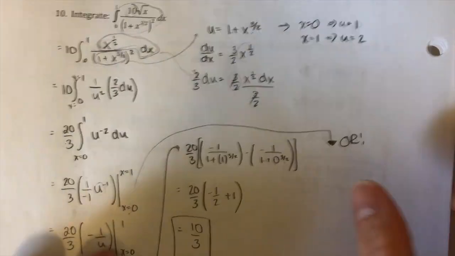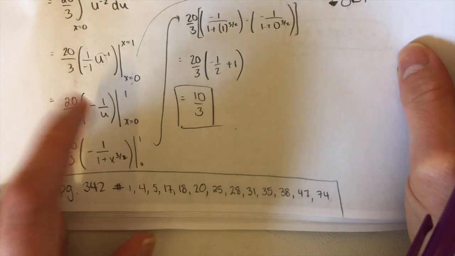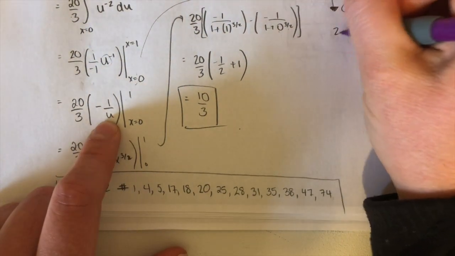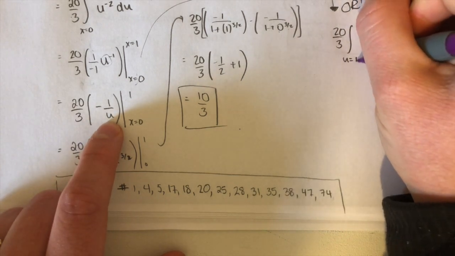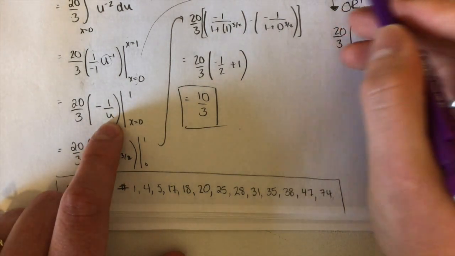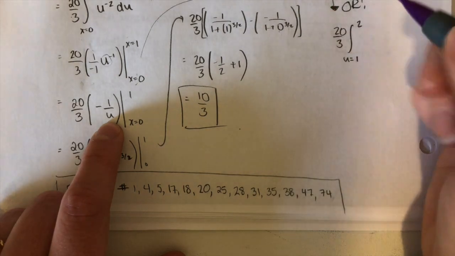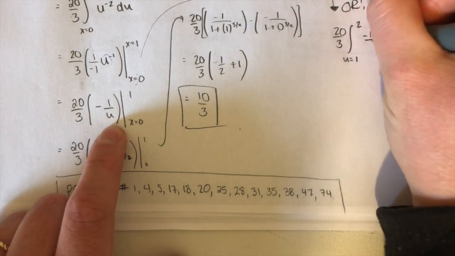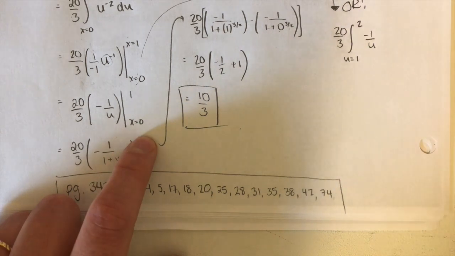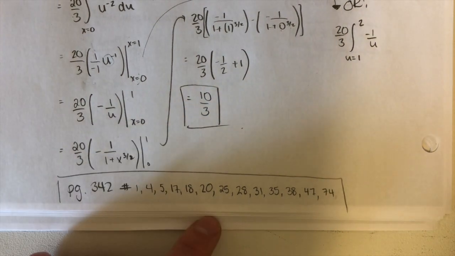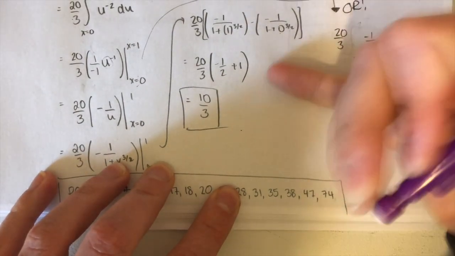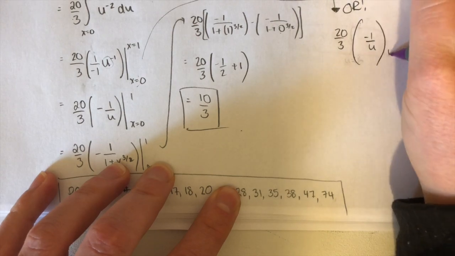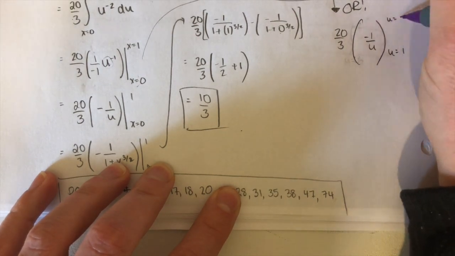So the other thing that we could have done is left it like this. So 20 over 3 from u is equal to 1 to 2, because those are the corresponding values. We've already done the integration, from u is equal to 1 to u is equal to 2.